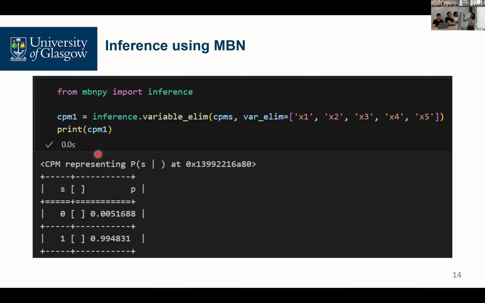To implement this, we have in MBNpy this inference module where we have this variable elimination, and we provide the CPMs, which are a series of the probability distributions that we quantified, and then we specify the variable elimination, and we get this new CPM that is the result of eliminating all these specified components in the order. In this case, we get the system failure probability being about 0.5%.